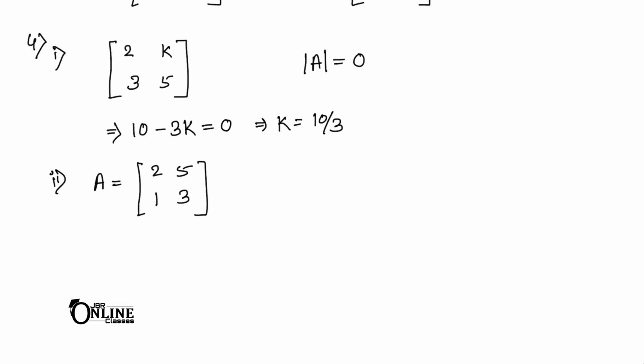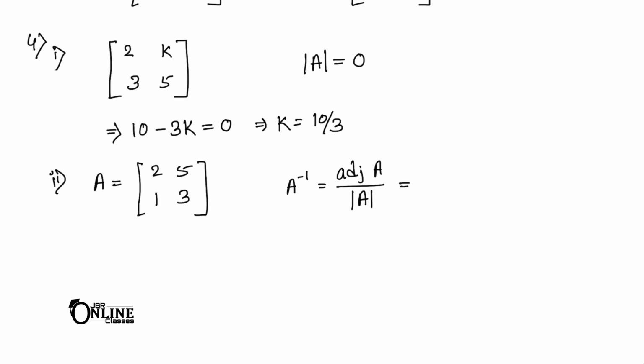Whenever you find A inverse, the formula will be adjoint A by det A. So first you have to find out the adjoint A. Here the adjoint A equals, you just change the places, so it will be 3, it will be 2, here minus 5 minus 1, and then this divided by det A. Or you can write it in this way also.